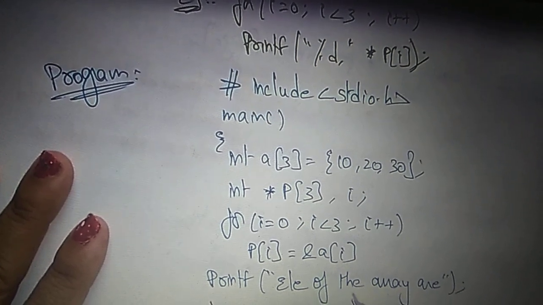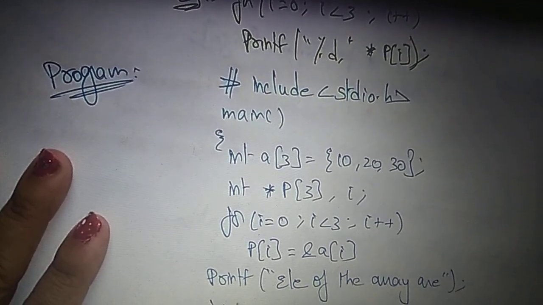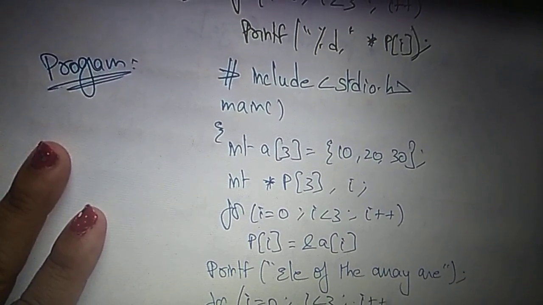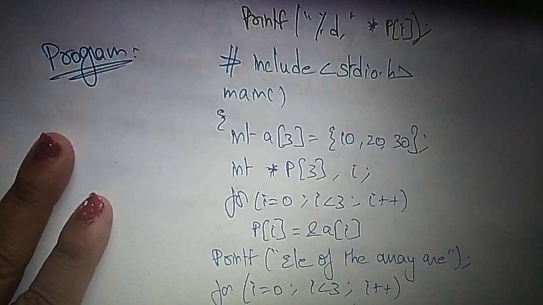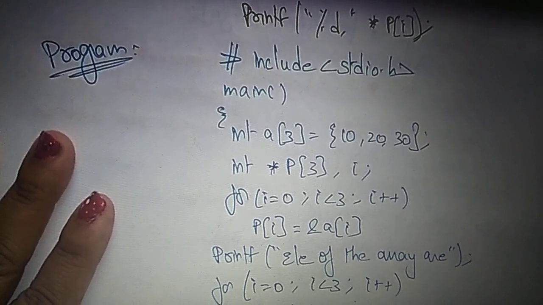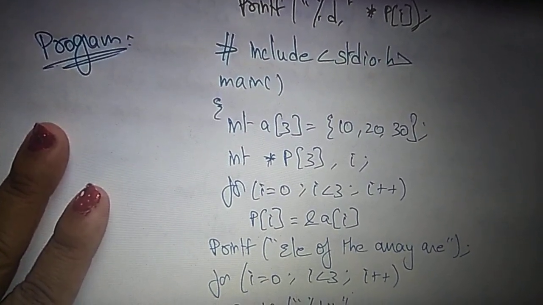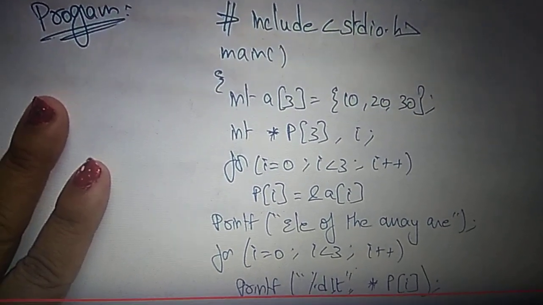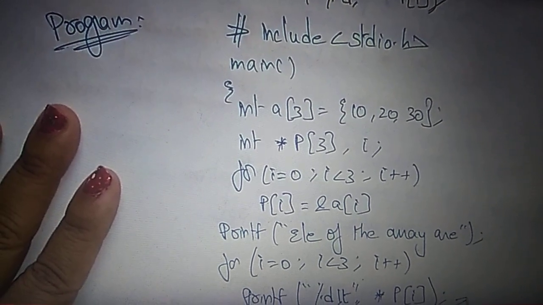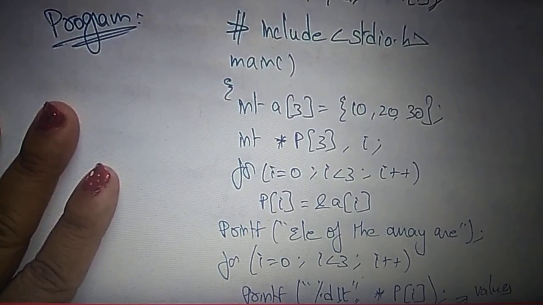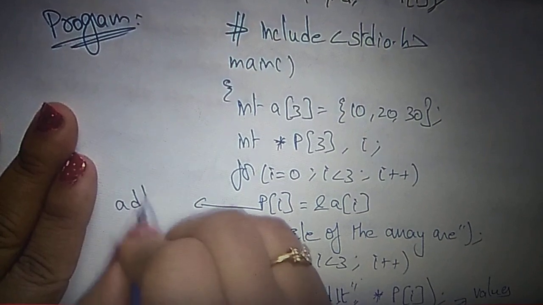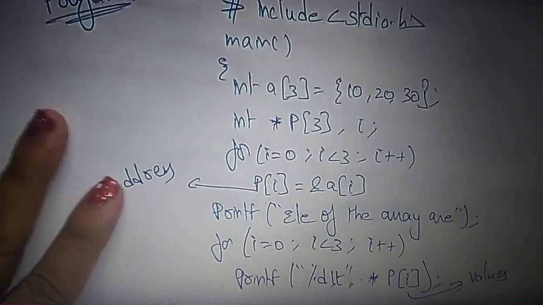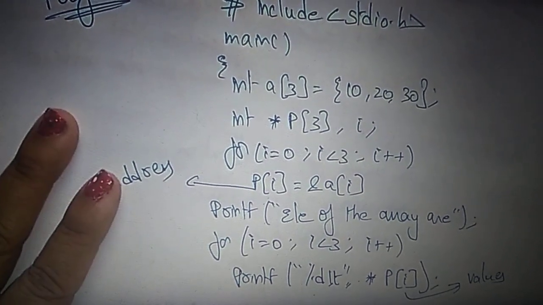For printing each value using the pointers, you need to write the for loop. Printf percent d, I am using a tab space for each element, pointer p of i. So pointer p of i prints the value, and p of i holds the address. Pointer p of i holds the value in that address.